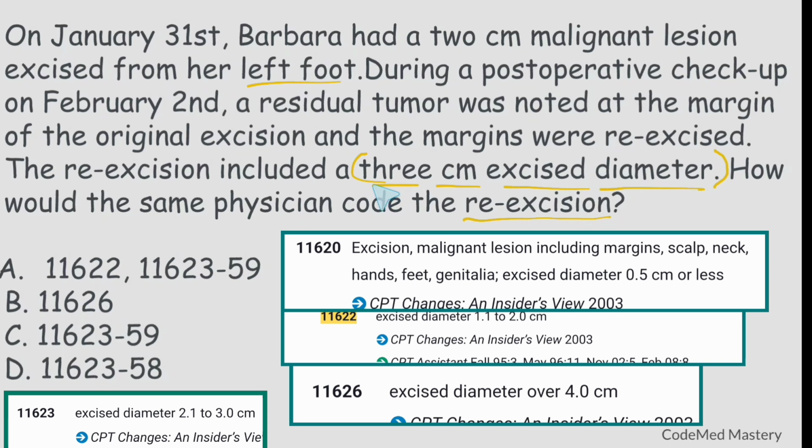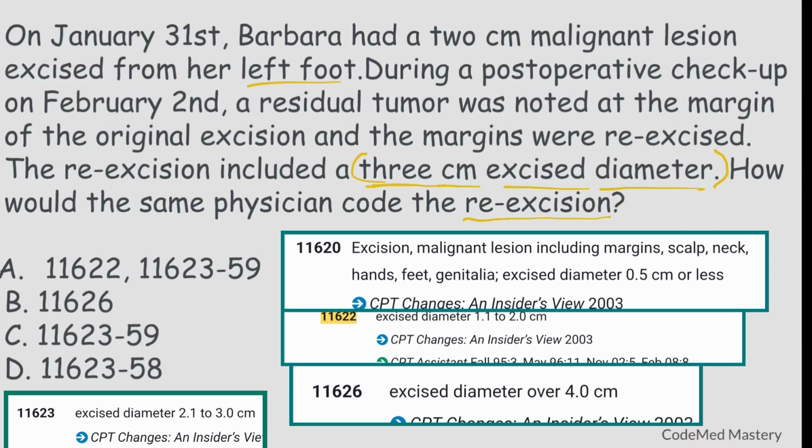Here the size is 3 cm. So it is exactly matching with the code 11623. By this, you can directly eliminate option A and option B, because option A is for 1.1 to 2 cm, but in the scenario, the size is 3 cm. And in option B, 11626 is for excised diameter over 4.0 cm.